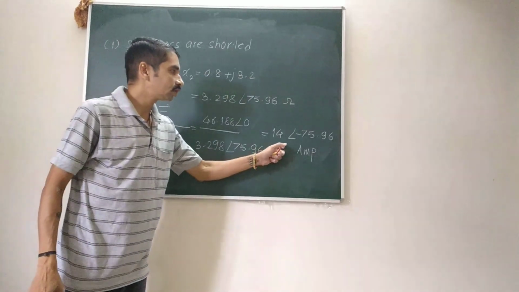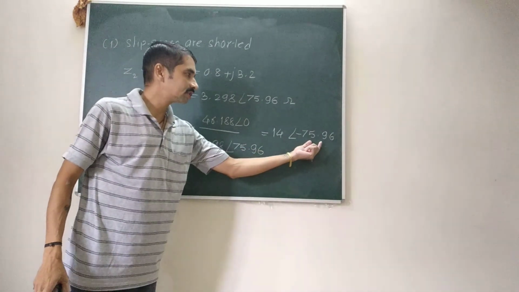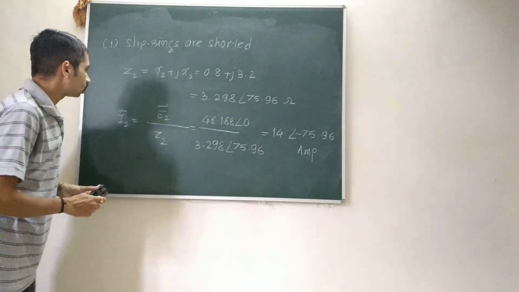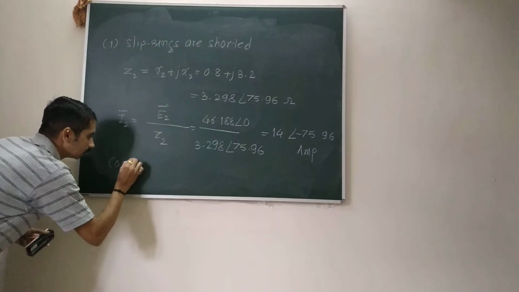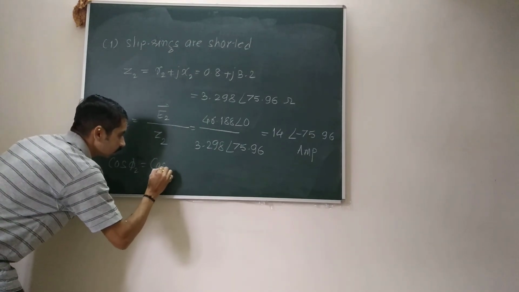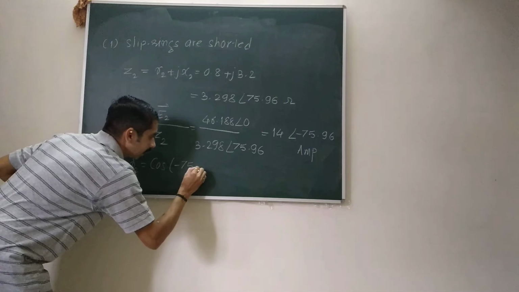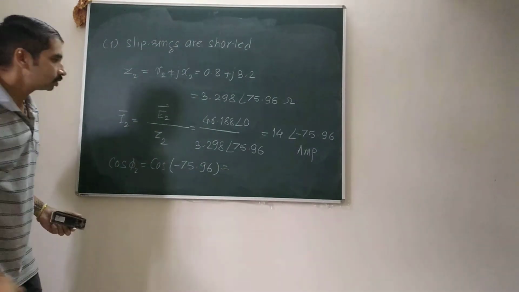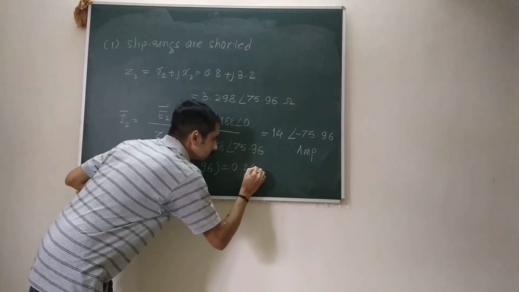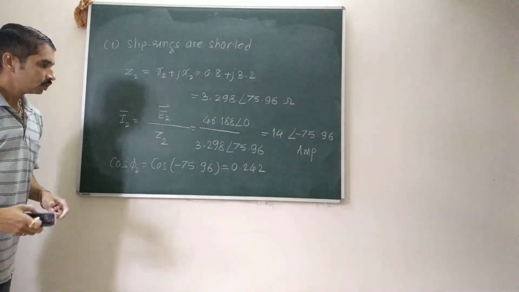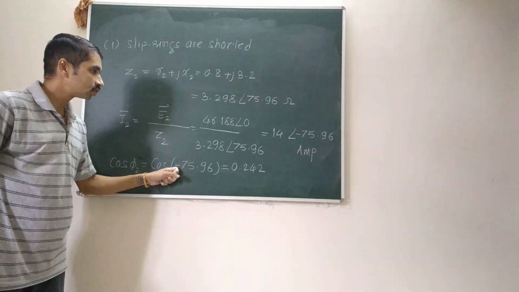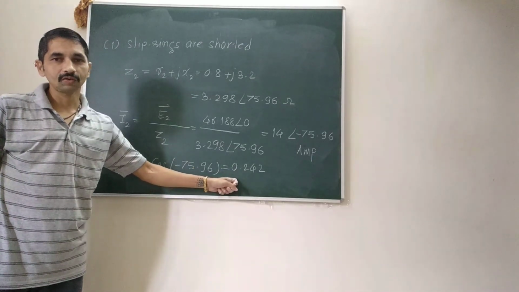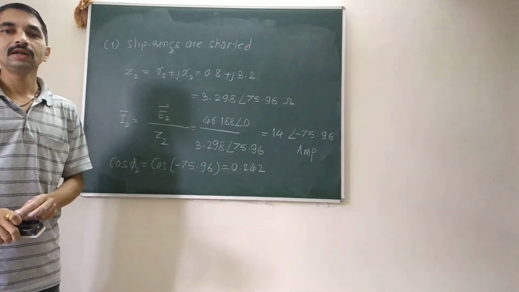Now what benefit can we get from this kind of expression? There is no need for me to calculate the rotor power factor again. If I just take the cosine of this angle, I will directly get the power factor value. So rotor power factor, that is cos phi 2, is cosine of minus 75.96. So it is 0.242. The negative sign associated with the angle suggests that the motor is going to have a lagging power factor, and that is obvious as it is an induction motor.